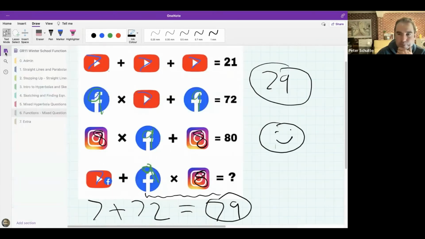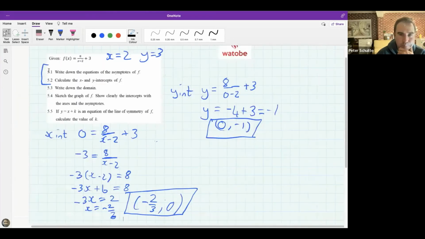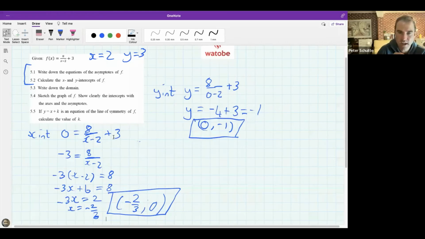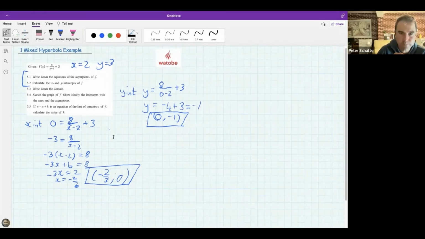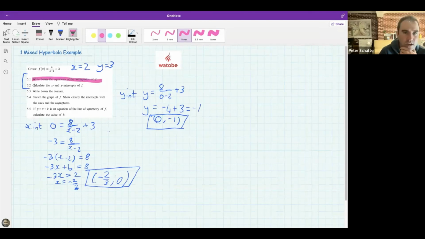Okay, then let us get back to the hyperbola that we were doing. We have mastered the first part of this question, and we've done the x and y intercepts. We've done the asymptotes. What I want next is I want us to write down the domain, sketch the graph, and then find the line of symmetry.